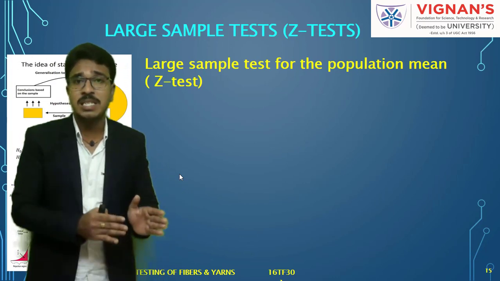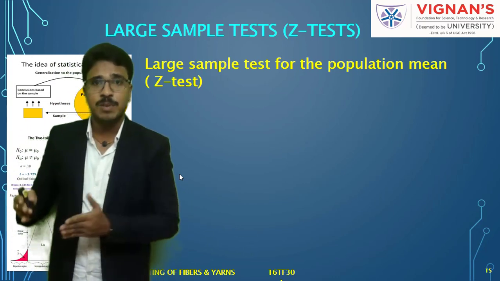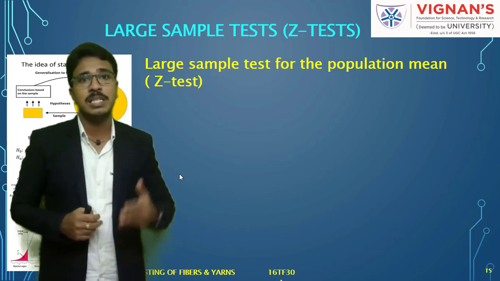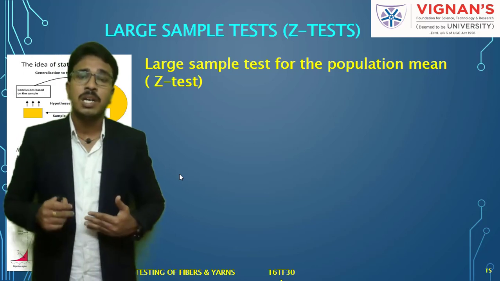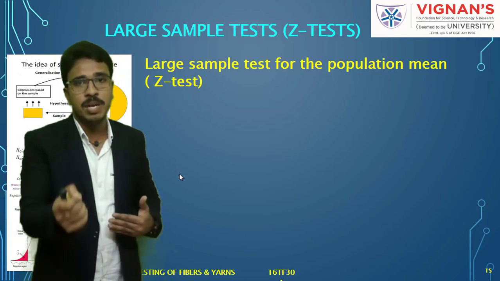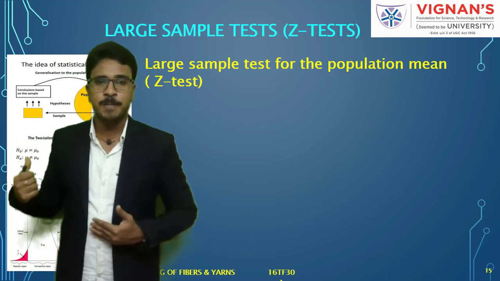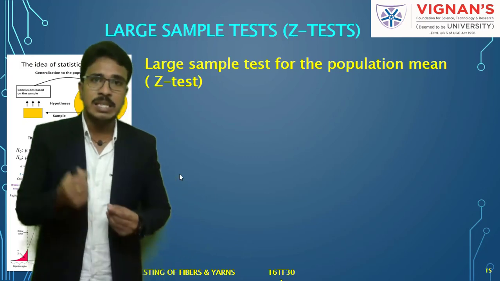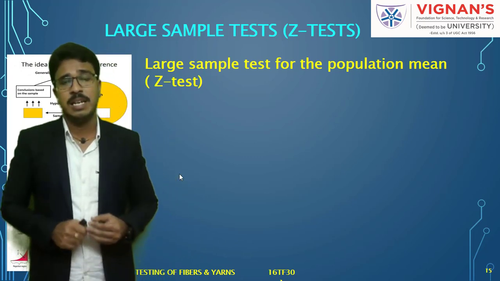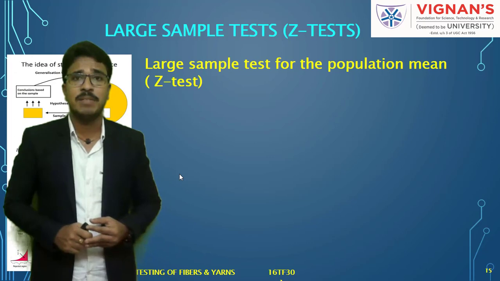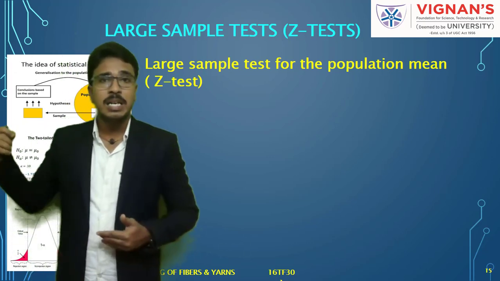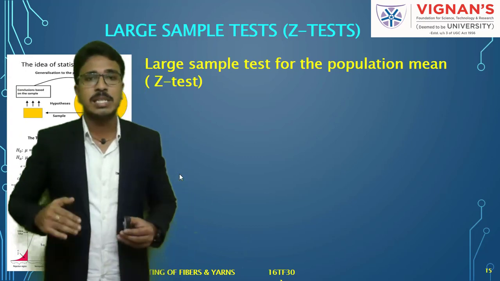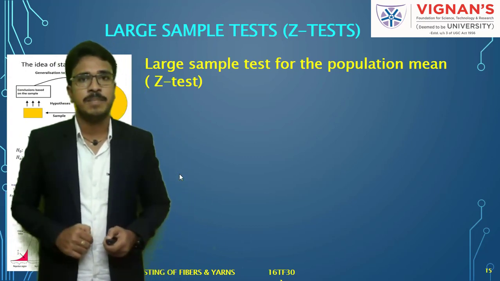If your sample size is greater than 30, and if you want to test your hypothesis, that is alternative and null, and the decision, you have to choose this large sample test, that is Z test. If your sample size is less than or equal to 30, you should use this small sample test, that is T test, which we are going to discuss after this presentation.